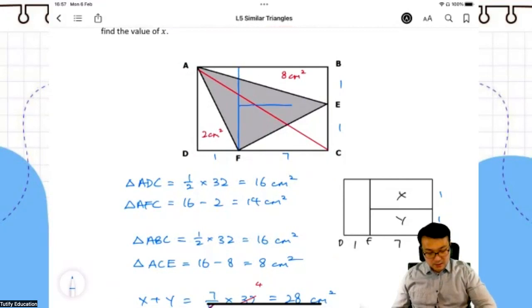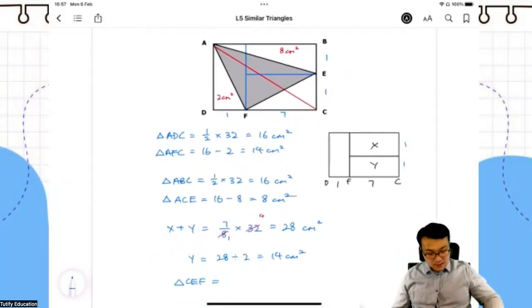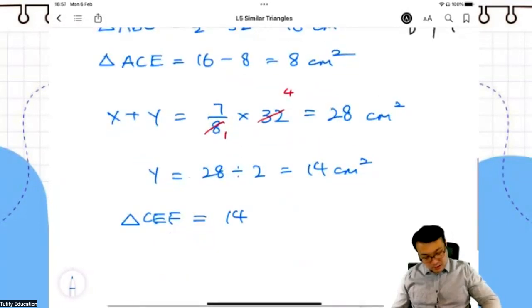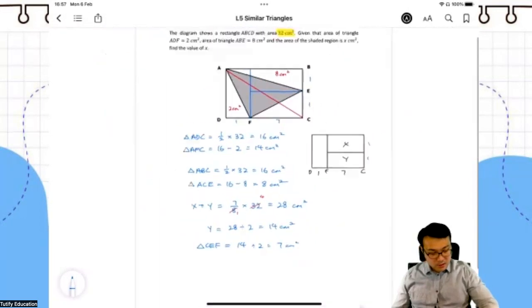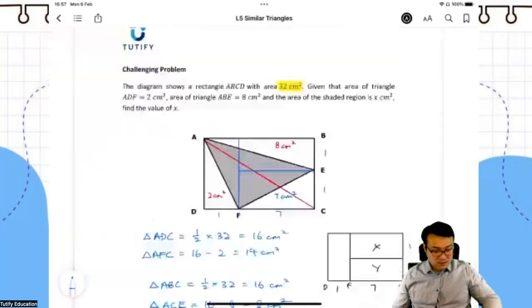Right? So it is 28. I mean, 14. 14 is Y. 14 is a rectangle, yes. Then 14 divided by 2. Yes, good. 14 divided by 2 is 7. Congratulations, you have just found 7 here.